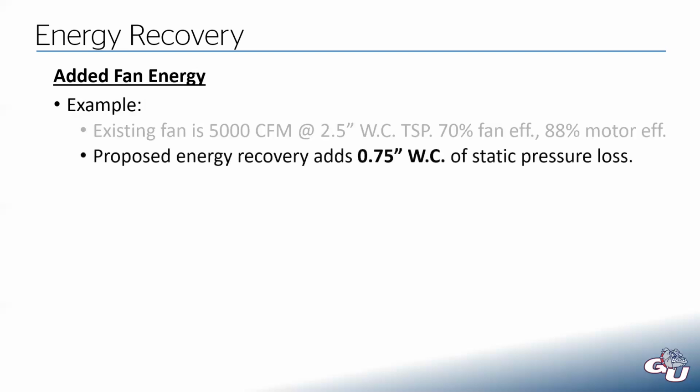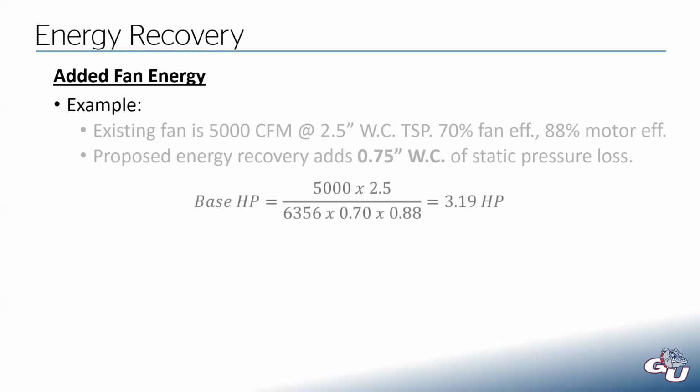And let's say we want to add an energy recovery device to this fan that'll add 0.75 inches of water column of static pressure. If we calculated our base horsepower just by running through the calculation that you should be pretty familiar with at this point, we would have an operating horsepower of 3.19.